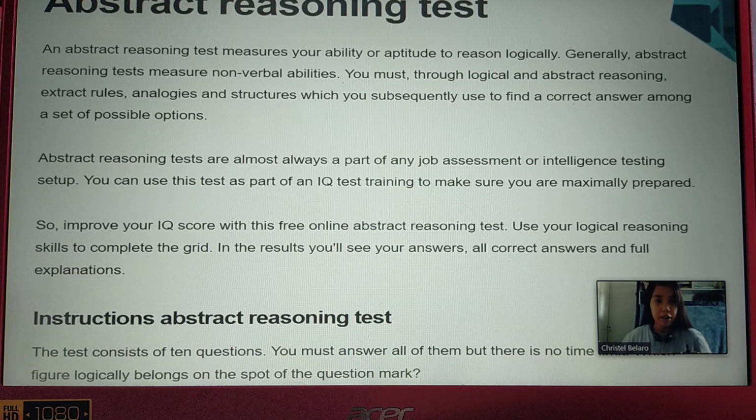Are you ready? I'll prepare a 5-item abstract reasoning test, but before we proceed with that, let's have a trial. By the way, class, the arrangement of choices is like this one.